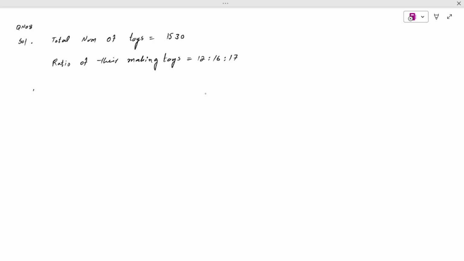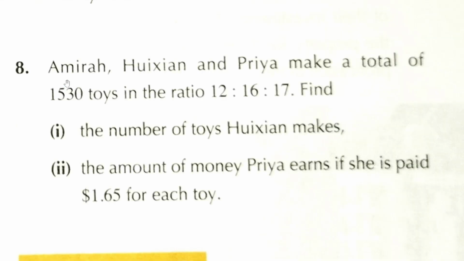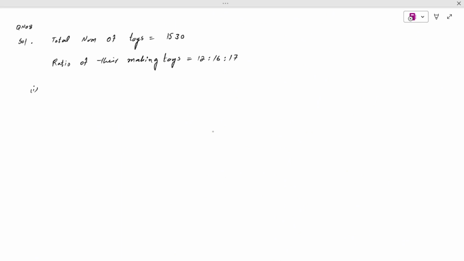In part 1, it demands the number of toys Hugsian makes. We have to find the number of toys Hugsian makes, and to find this, we first find the sum of ratios.